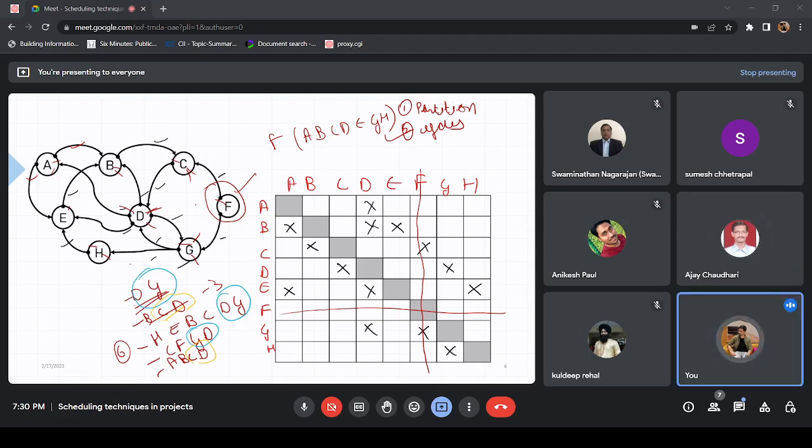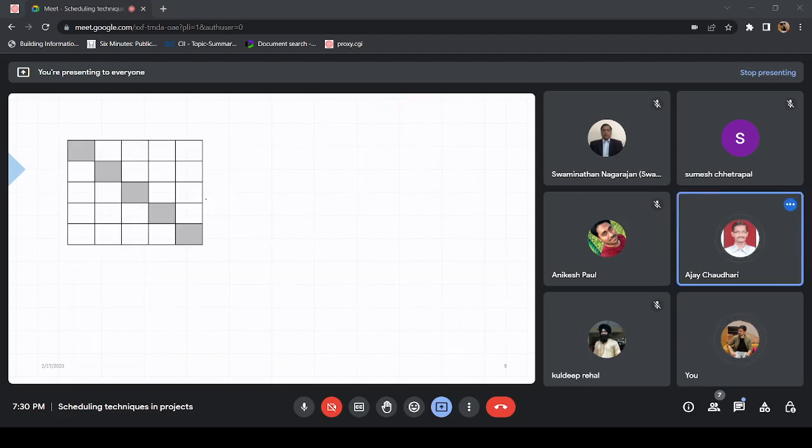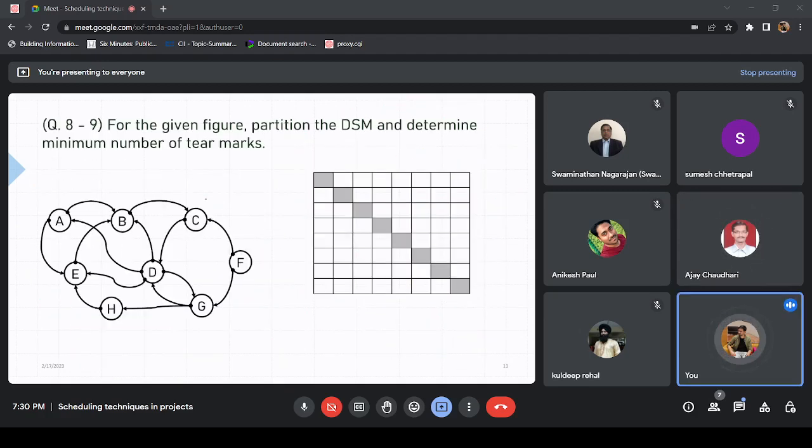You can see and you can determine. And number of cuts we discussed. But what happens when you haven't got it? So you guys can do it on your own, partitioning it. You don't need much partitioning here. And number of tier marks, you saw how you can do it, right?